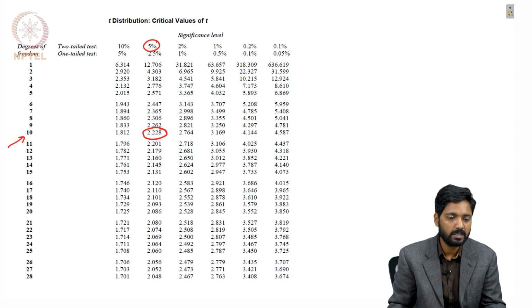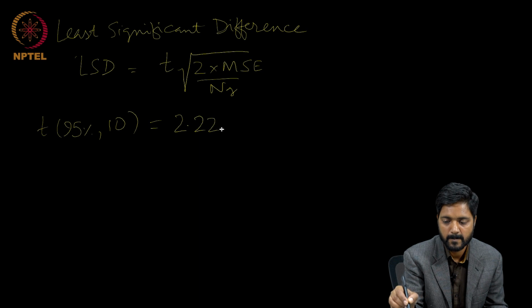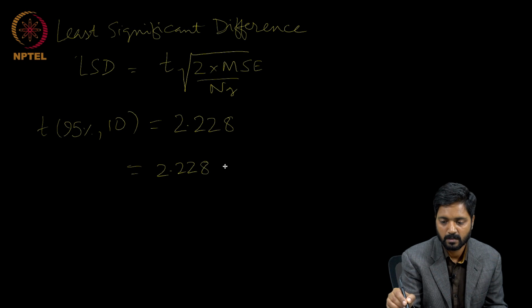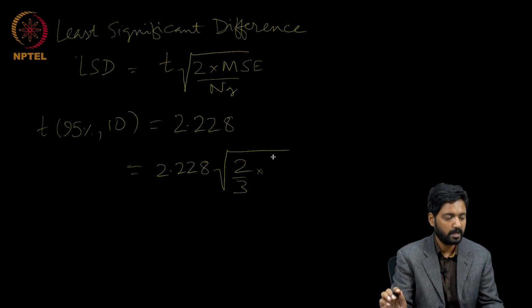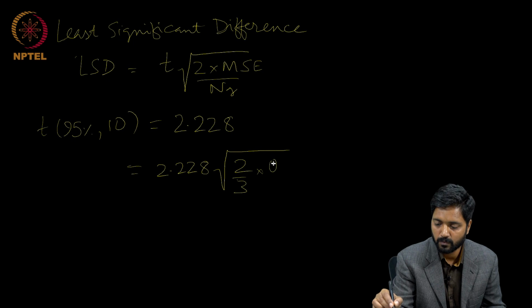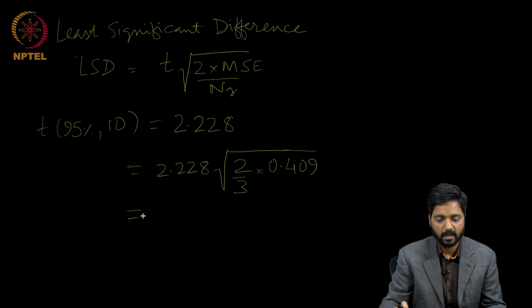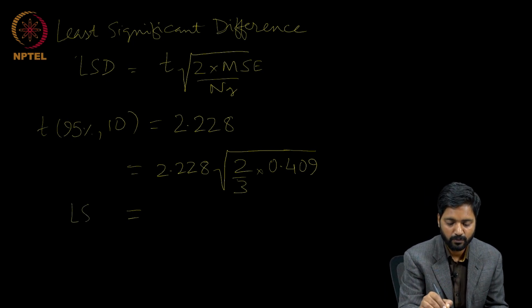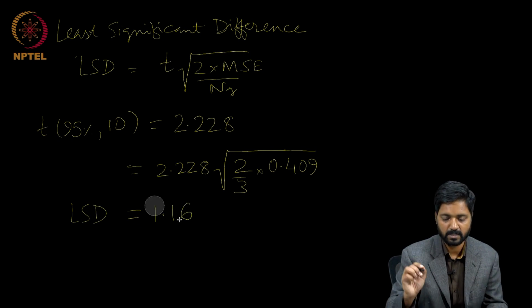Now, inserting this in our LSD calculation, we get, with the mean square error here being 0.409, an LSD value of 1.16.